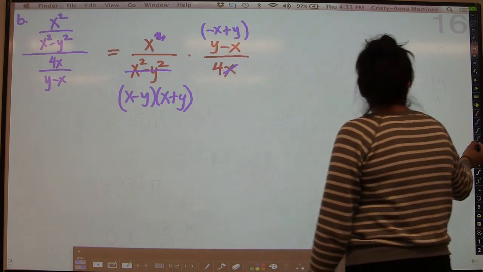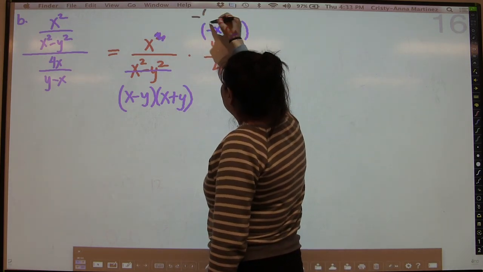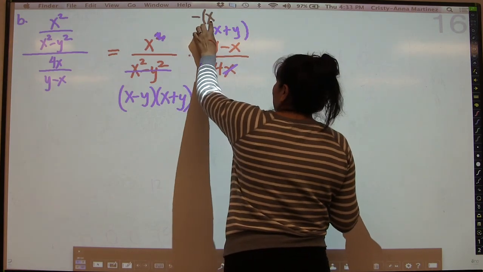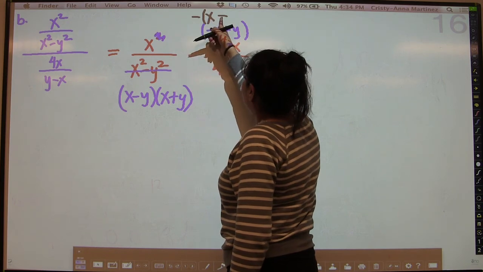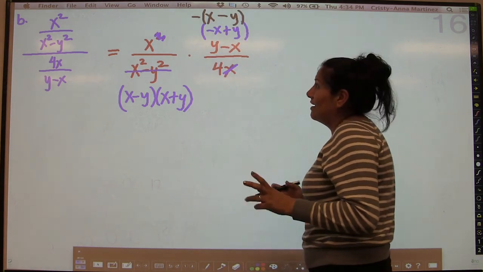And then you could actually factor out a negative. So we're combining a little bit of everything in here. If I factor out a negative, then this will be positive x, so that I will get negative times x is negative x. And then I need another negative here because negative times negative is positive y. So I'm using that whole method of factoring out a negative.